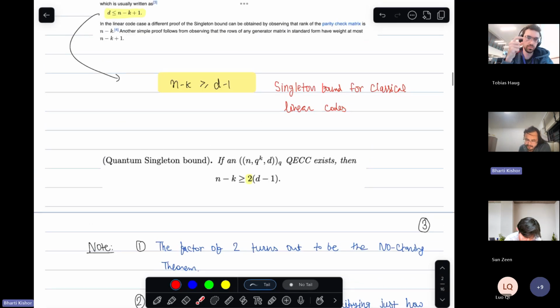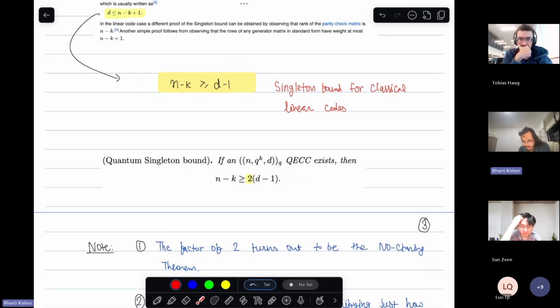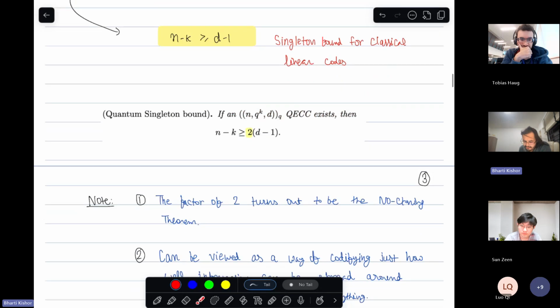Okay, so this is your classical bound, this is your quantum bound. This factor of 2 that you have here turns out to be the no cloning theorem, which is surprising, right? But I will give you a proof and convince you that it is indeed the no cloning theorem that leads to this factor of 2.